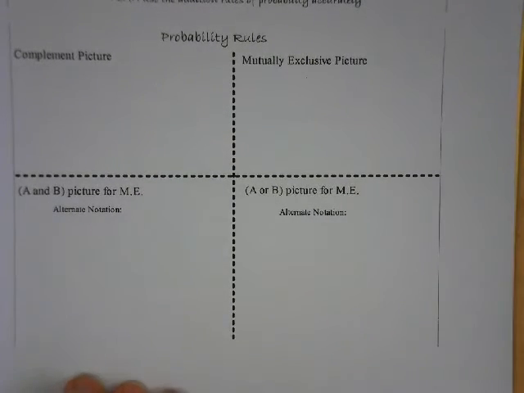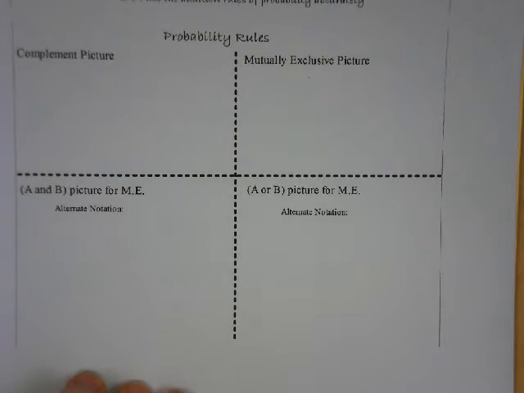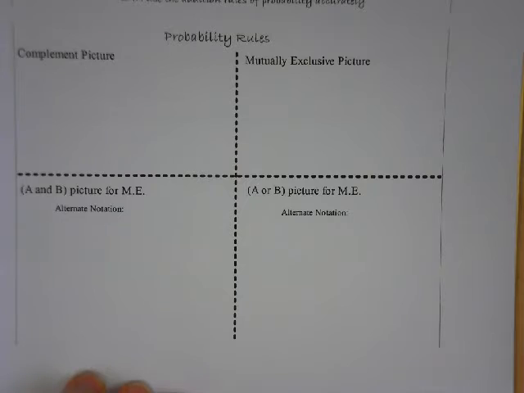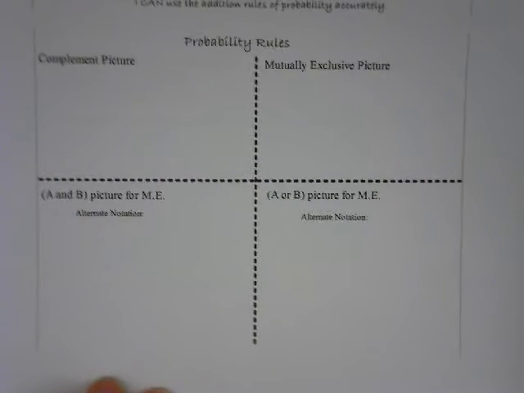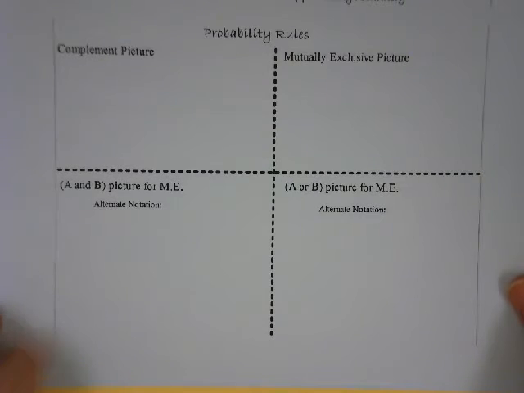In probability, as we get further and further into it, you guys are going to hear me give different strategies that will hopefully help you be able to understand the question, visualize it, and then find the answer. And one of the ways we do that is with Venn diagrams.